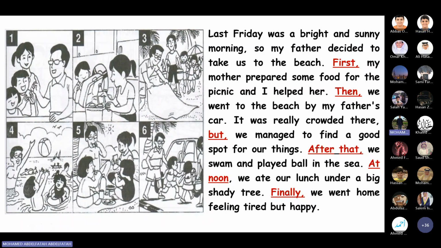Wonderful. Lovely. Good reading, Hassan. Not even one mistake. You are brilliant. Look here, students. We describe all pictures in their order. What happened first, what happened then, what happened later, what happened at the end.